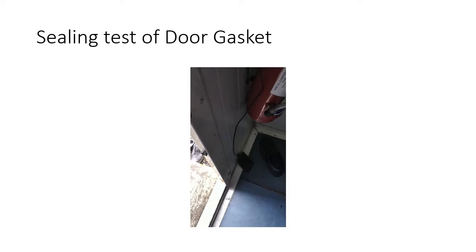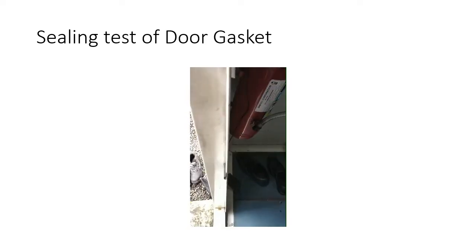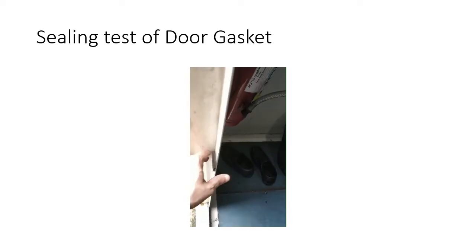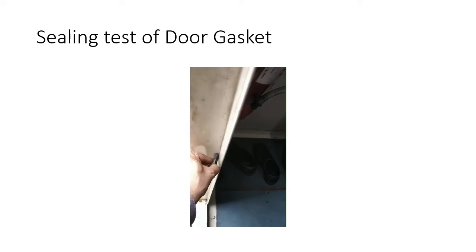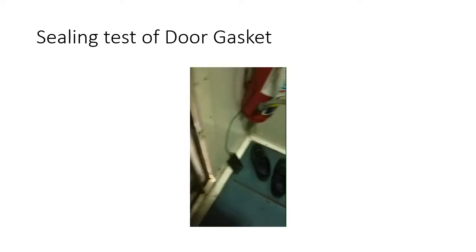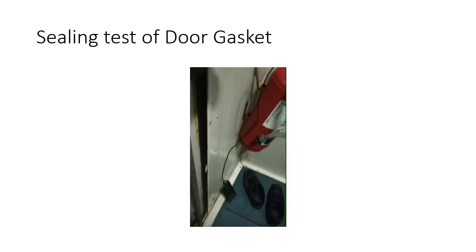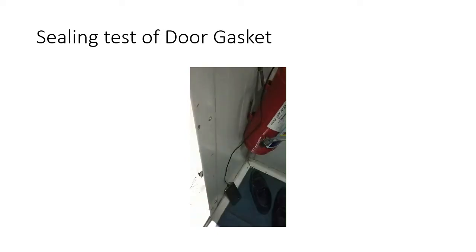In this video clip, we will demonstrate that first of all there is a leakage on the door frame because a small portion of the gasket is damaged. After that we will put the foam type of gasket at that particular area, and we will reclose the door, and we will see that now there is no gap and there is no leakage and there is no sunlight coming inside the shelter.